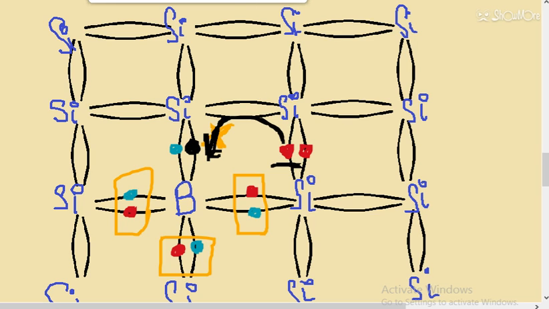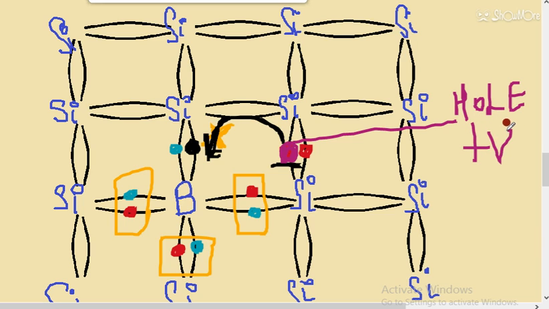The place which the electron left becomes empty, and this place is called a hole. The hole contains positive charge.